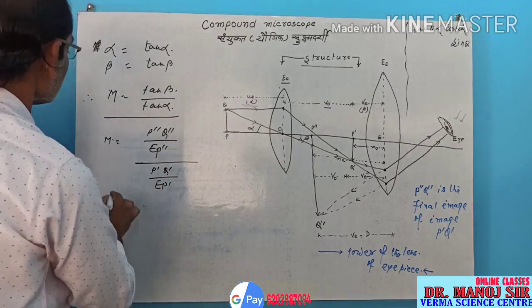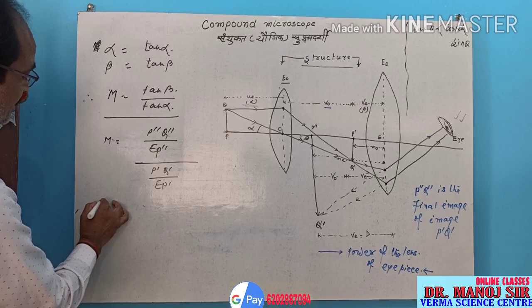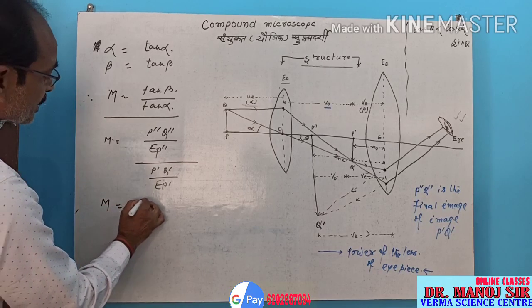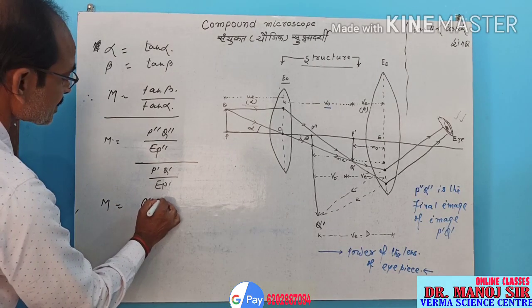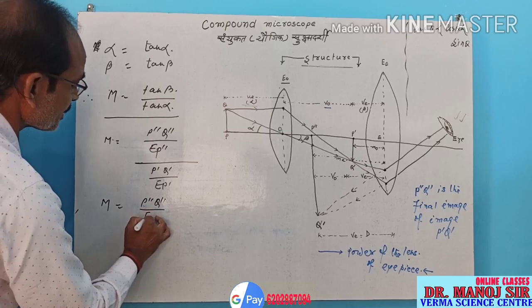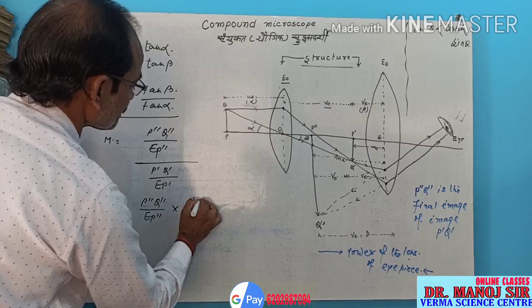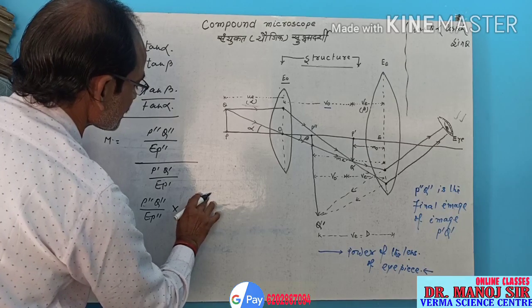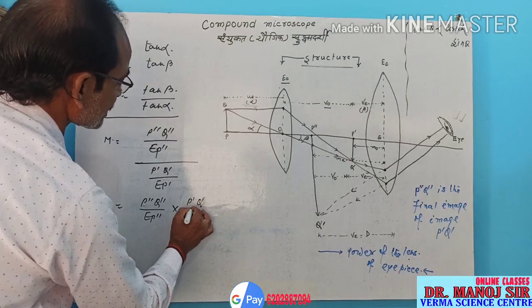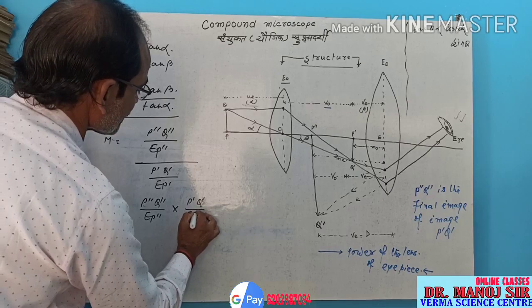We write M equal to P double dash Q double dash upon EP double dash into P dash Q dash upon EP dash.